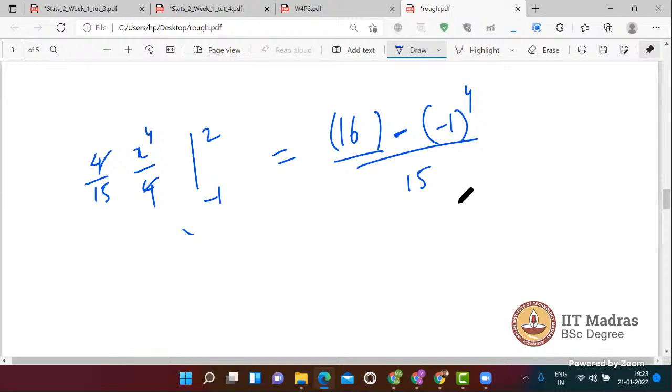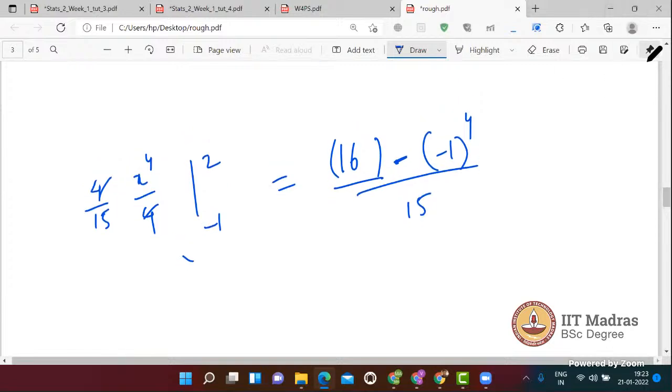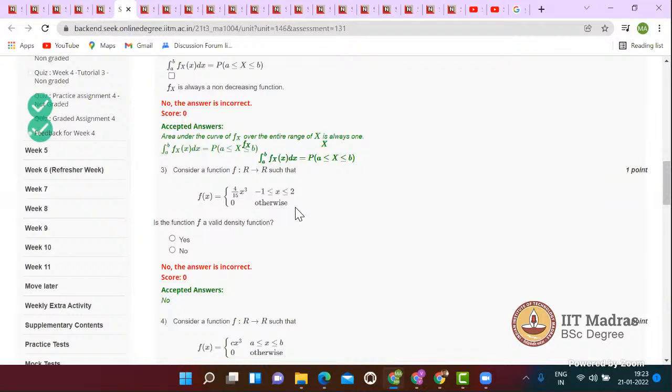The area is 1, right? Sir, when we put the value -1 in the function, we get a negative value. Yes, this can't be a PDF. If you put x as -1 or -0.5, you'll get some negative value. Probability can't be negative, right? Okay, sir, I have got it.